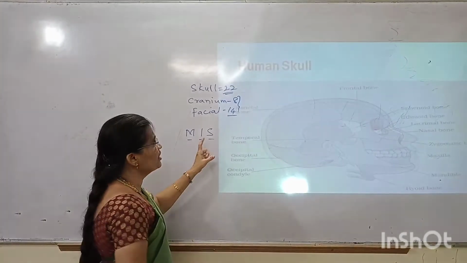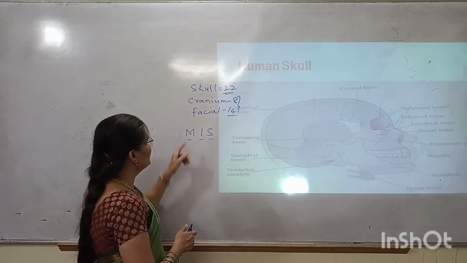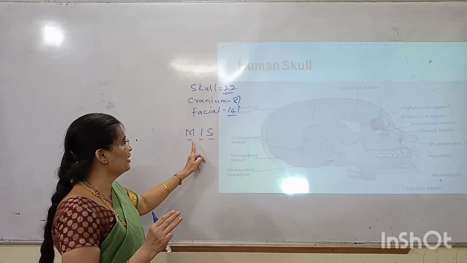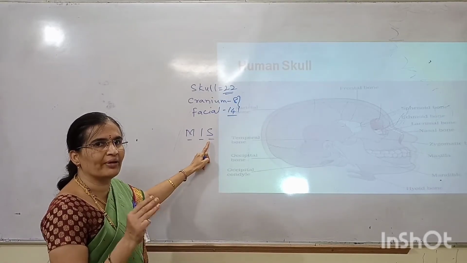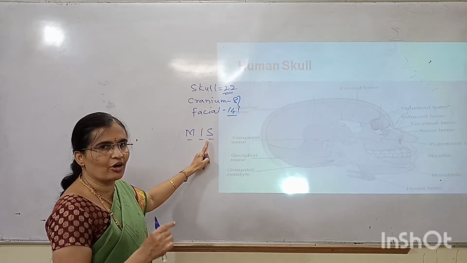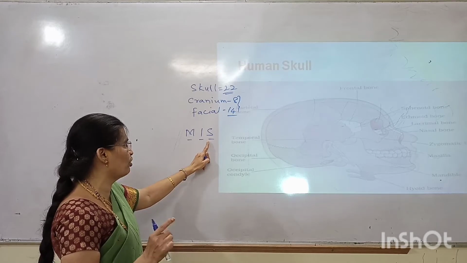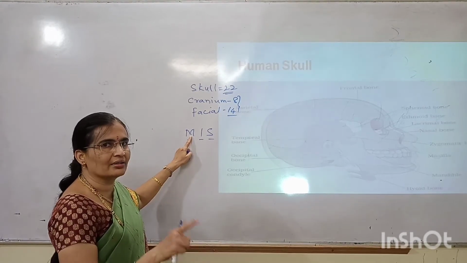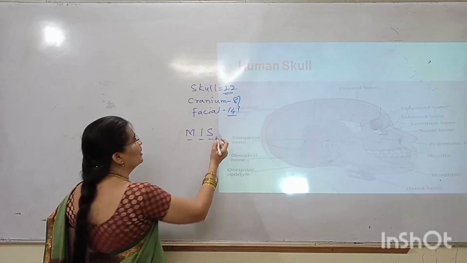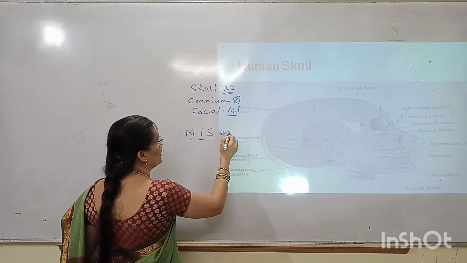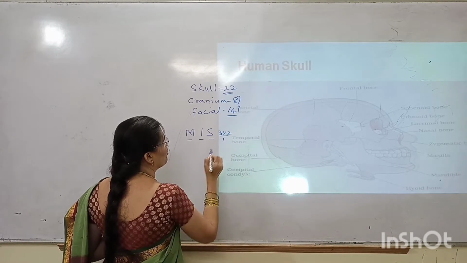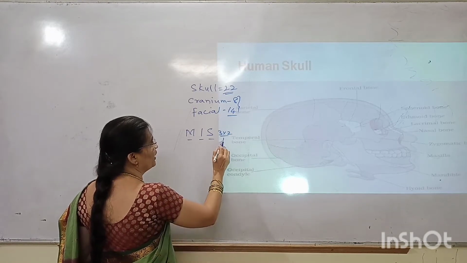Then the three bones present in the middle ear are also called ear ossicles. Three in each ear, so 3 into 2 is 6. And one hyoid bone.